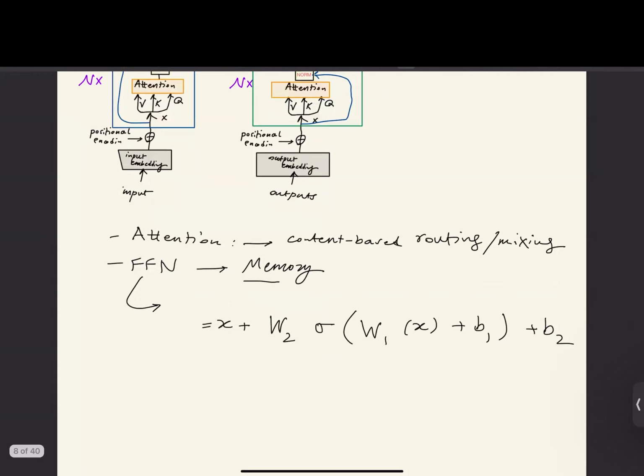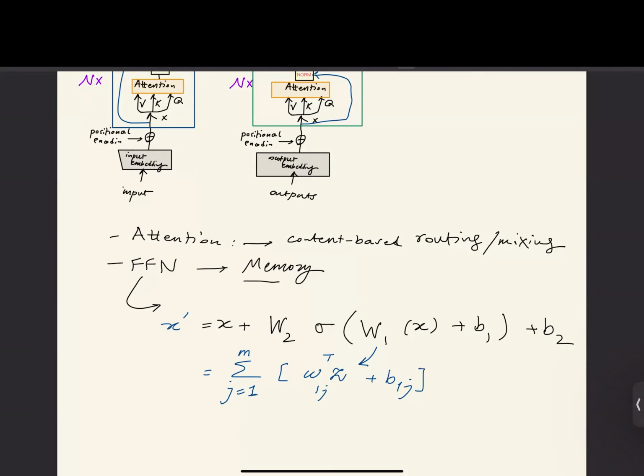Looking at this component-wise, let's assume ReLU. We can rewrite this in a summation form. Let's look at one row of this computation. So the jth row of W1, plus b1j. So this is a ReLU.